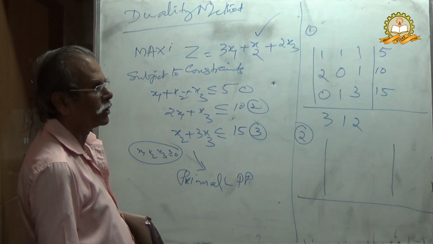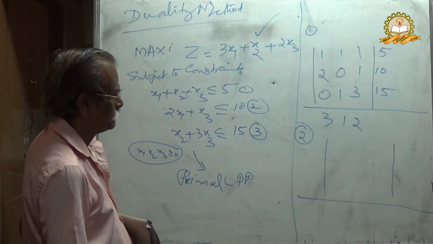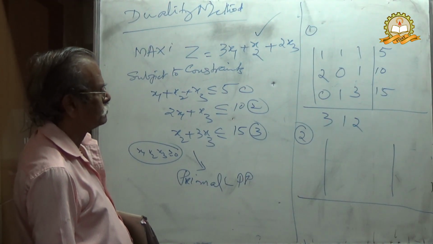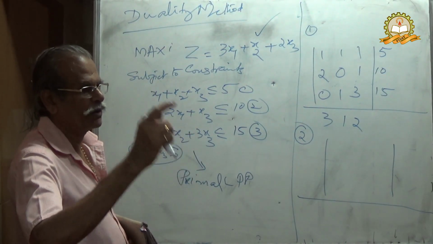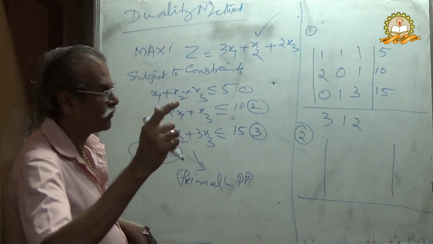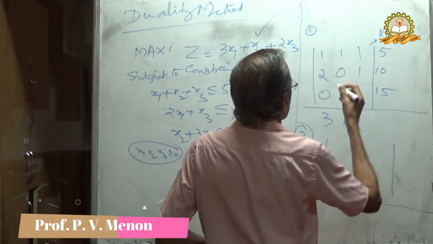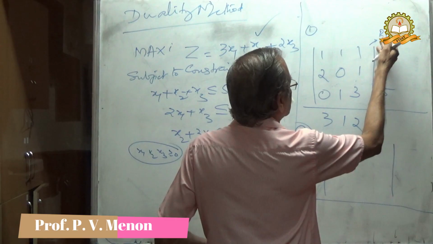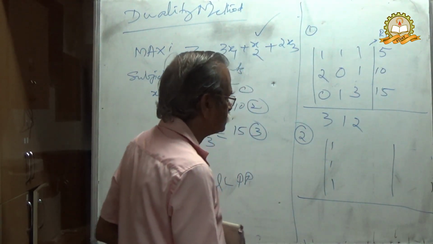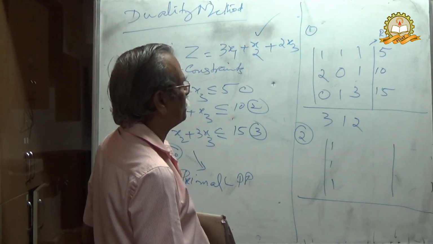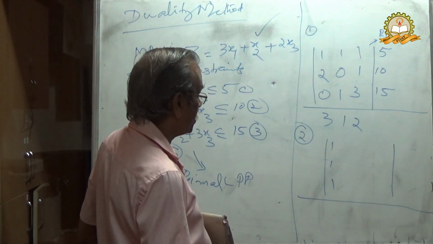The first row 1, 1, 1 becomes column C1, 1, 1, 1.